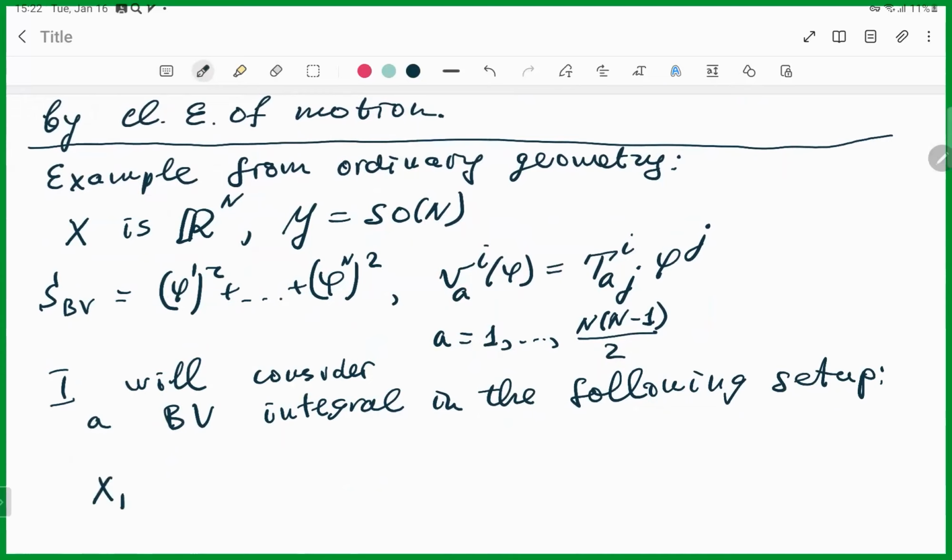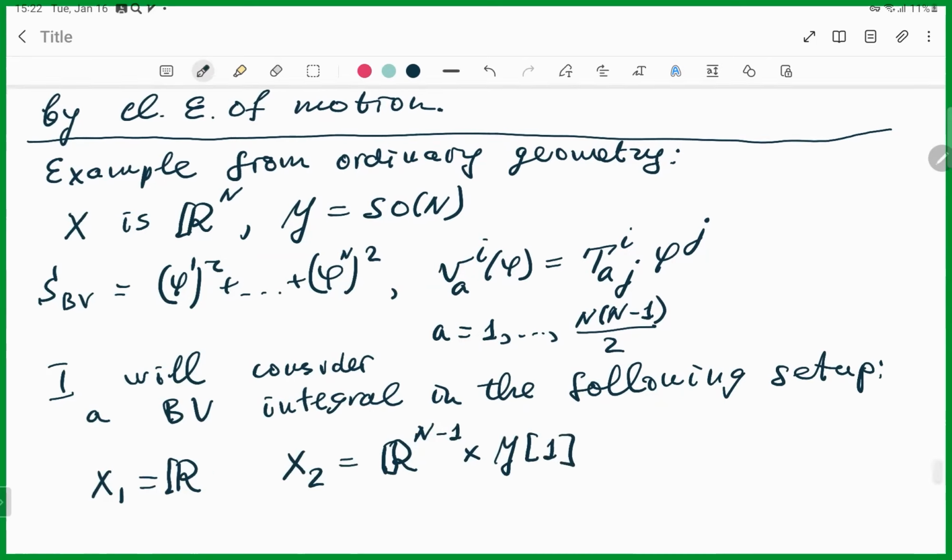I take x1 to be R. I take x2 to be R^(n-1) times G shifted by 1.